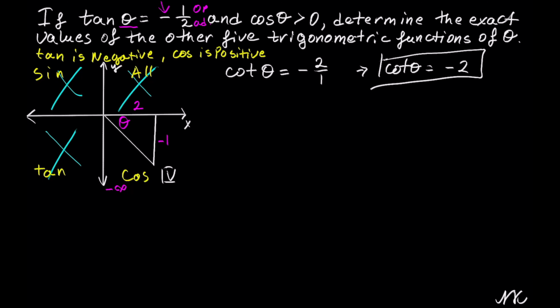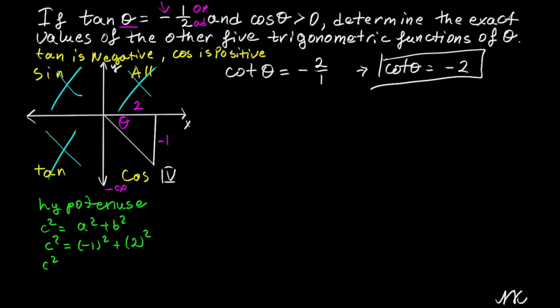But in order to find ratios for sine and cosine, we need to calculate the hypotenuse of this right triangle. We have two legs of this right triangle, so we have c² equals a² plus b², and the hypotenuse squared is equal to one side, -1, to the second, plus the second side, 2, to the second.